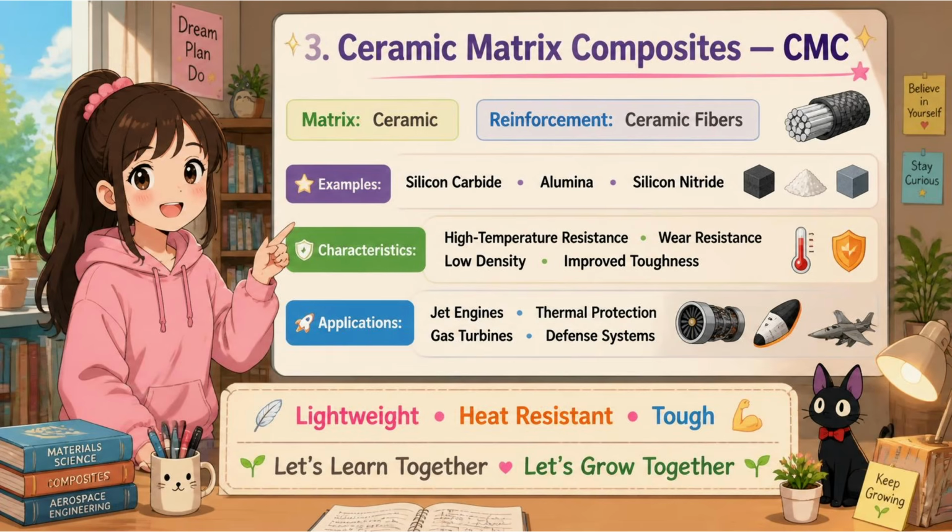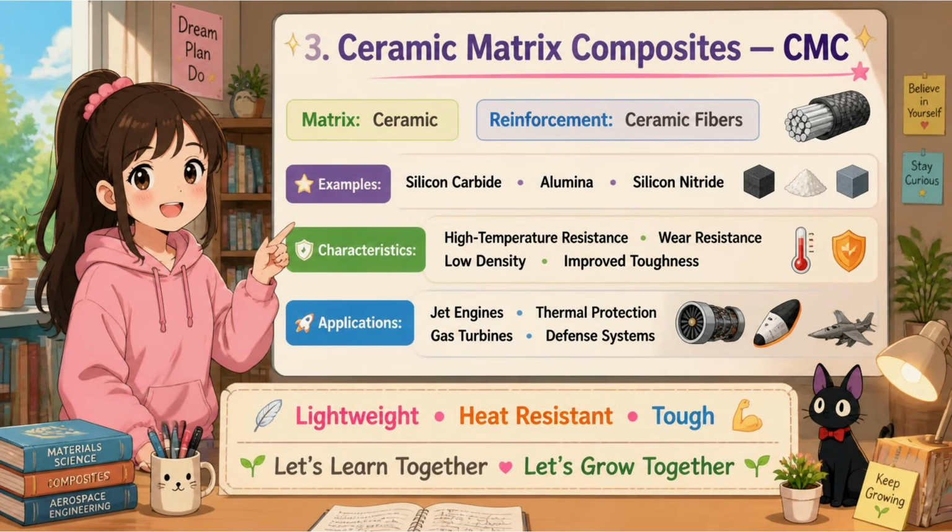CMCs are especially useful when you need low density, high stiffness, high temperature resistance, wear resistance, and improved toughness compared to conventional ceramics. So when these requirements come, CMCs can be used. They are used in demanding applications such as gas turbines, jet engines, thermal protection systems, aerospace components, and other high temperature applications.